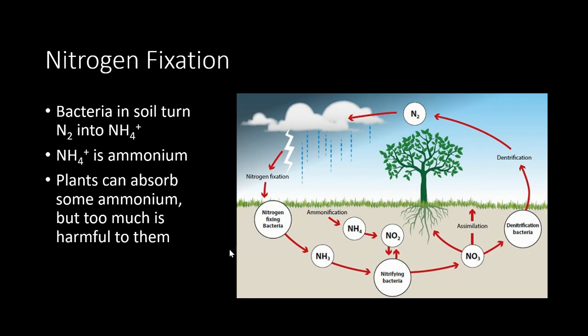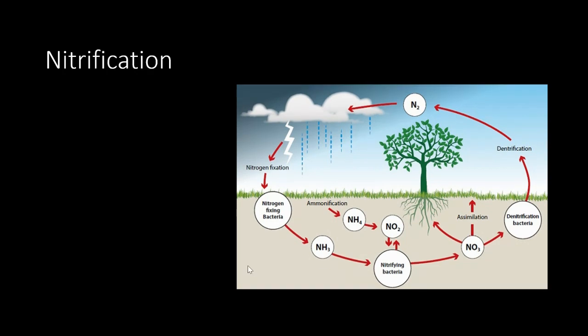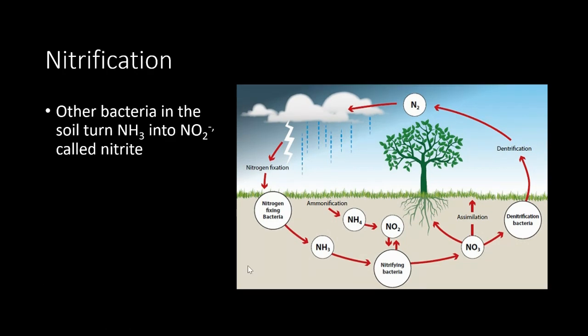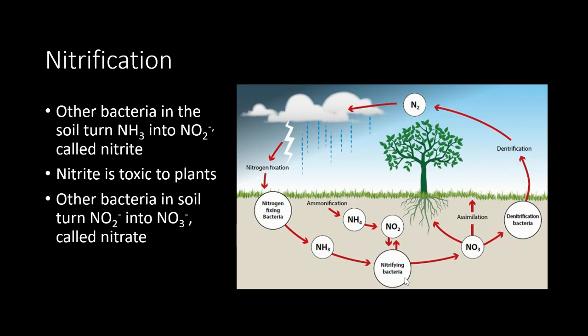But no problem because there are other forms of bacteria that can turn that ammonium into more usable forms. It turns it into first nitrite, and nitrite is not usable. It's actually toxic to plants, but there's other bacteria that can turn that nitrite into nitrate.